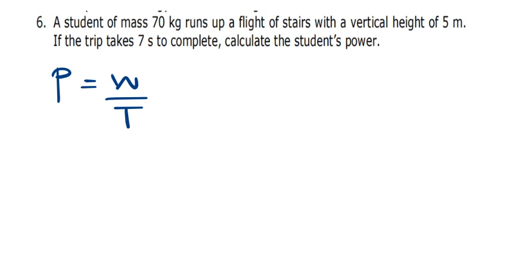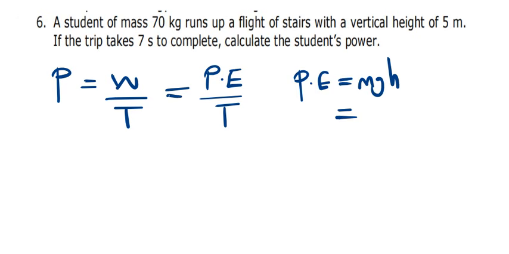Since there's no aspect of kinetic energy and the height is involved, we're going to talk about potential energy. So it will be the potential energy divided by time. So let's find the potential energy, and we said potential energy is equal to mgh.